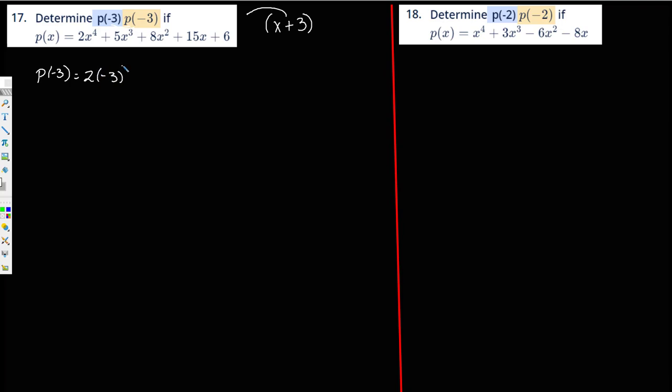That's going to give you negative 3 to the 4th plus 5 times negative 3 cubed, 8 times negative 3 squared plus 15 times negative 3 plus 6. And when you do that, you get 60. And so that means this x plus 3 is not a factor.